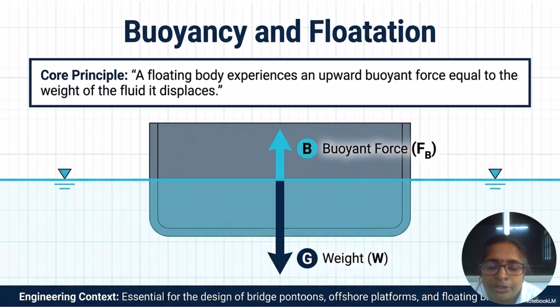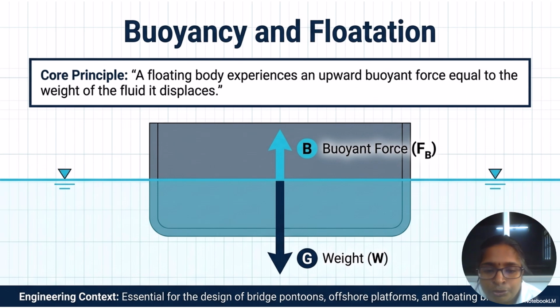The next topic is buoyancy and flotation, and the core principle is that a floating body experiences an upward force, the buoyant force, which is equal to the weight of the fluid it displaces. There are two terms: weight, denoted by the symbol W, which represents the weight of the floating object, and buoyant force FB, the upward force, which tends to move the object upward.